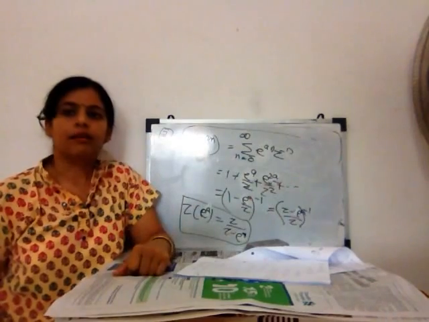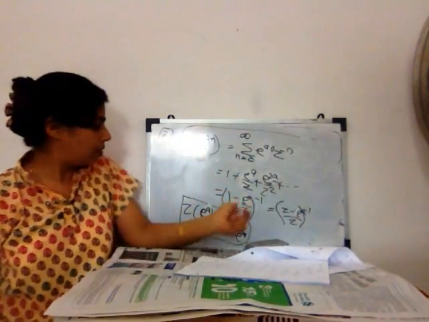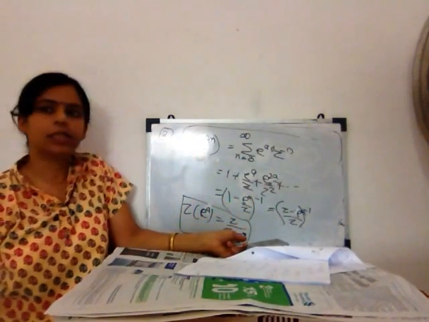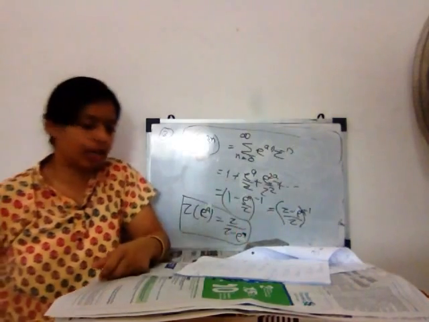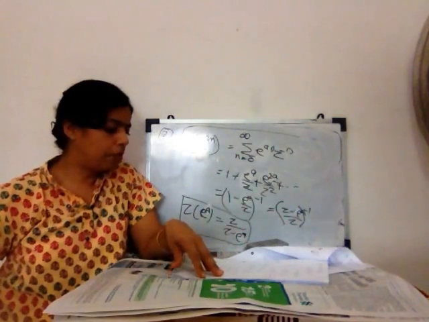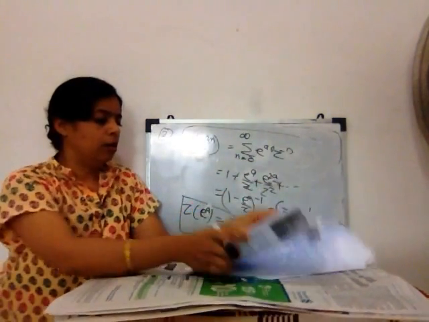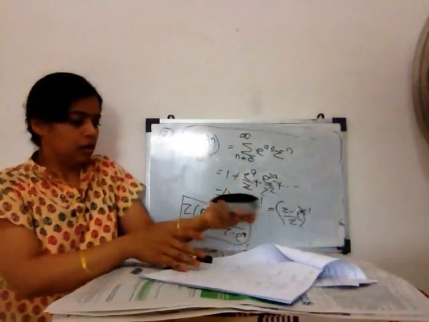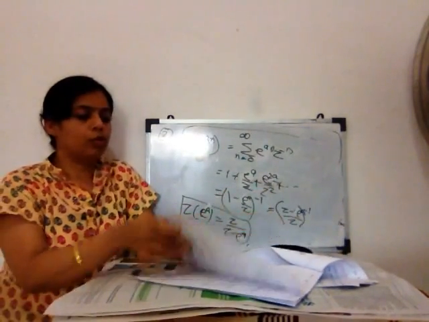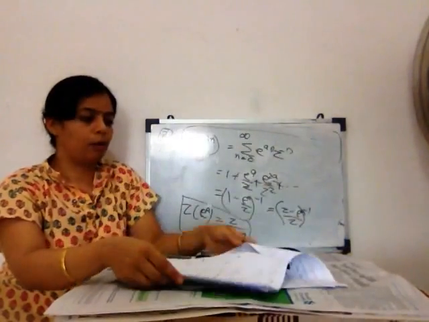For example, for e to the power 2n, it is given by z upon z minus e to the power 2, like that. Clear? So these are the basic z transforms for the given functions. We can use these for extended forms also.